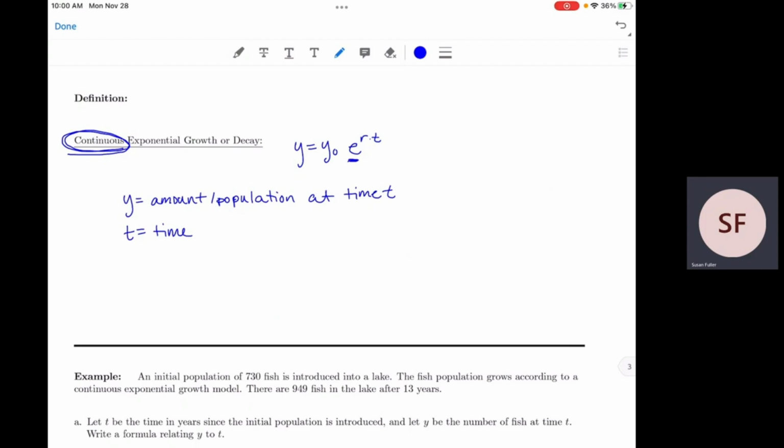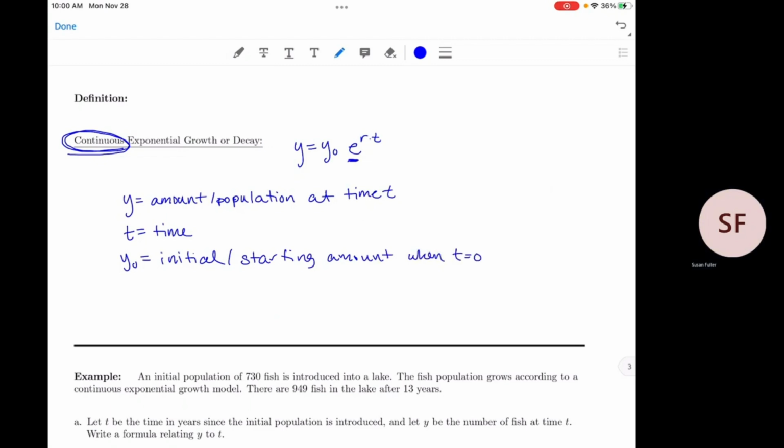Time can be any units it would like to be in this one as well. Y sub 0 is our initial or starting amount. And again, starting amount means time equals 0. And then R is going to be our rate of growth or decay.